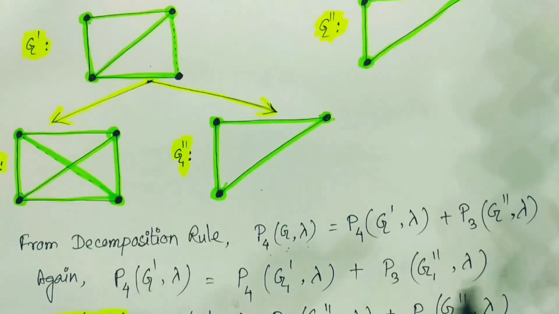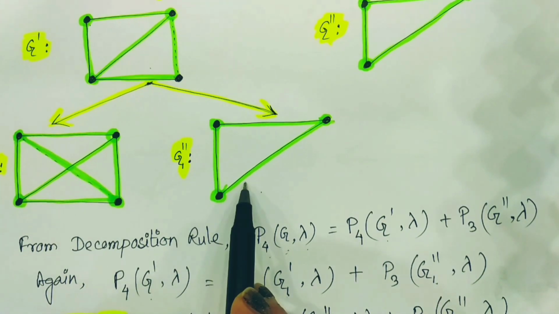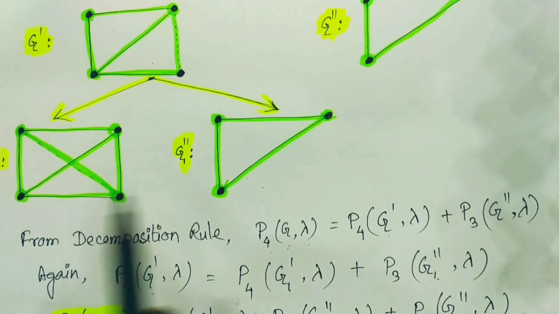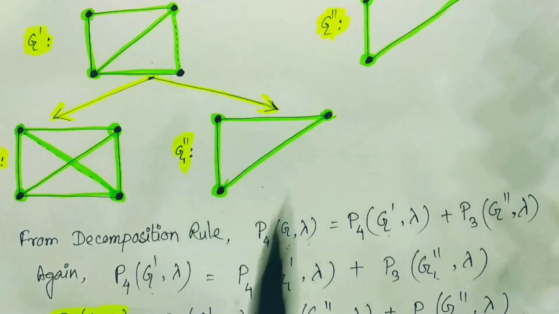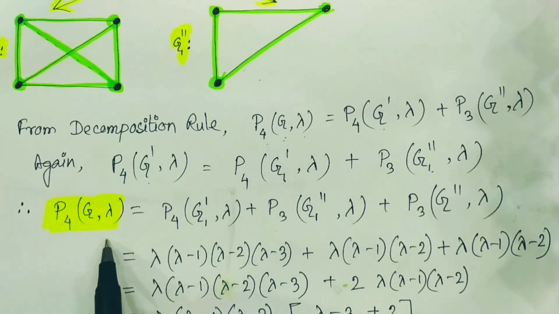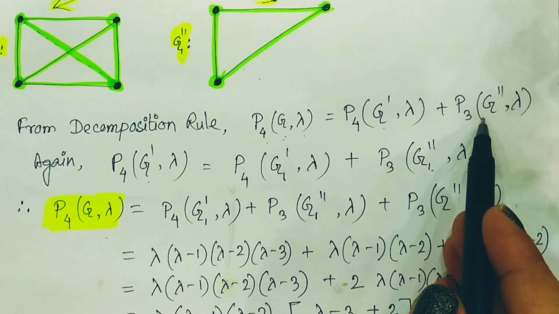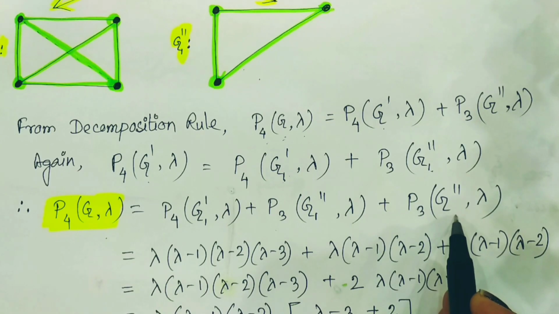But this one is the decomposition of these two, so it is the chromatic polynomial for this one and the chromatic polynomial for this one. So finally we find that the chromatic polynomial of G equals this one plus this one plus this one. So we just substitute accordingly.